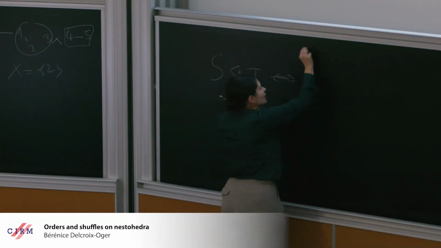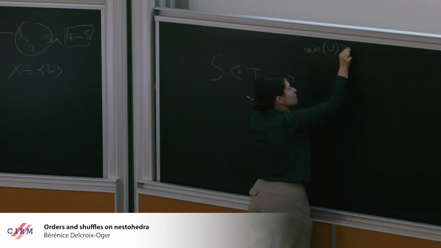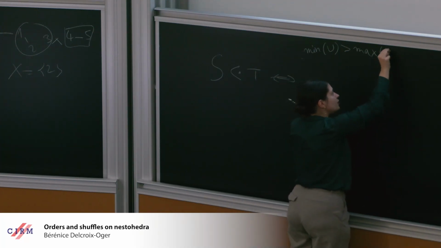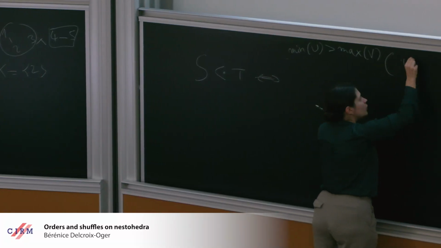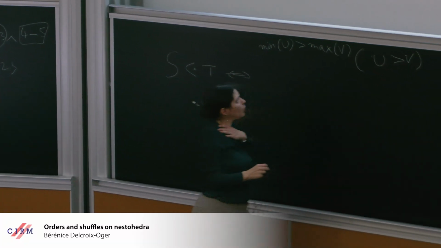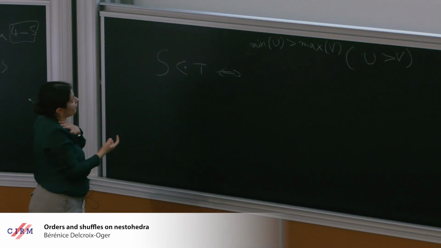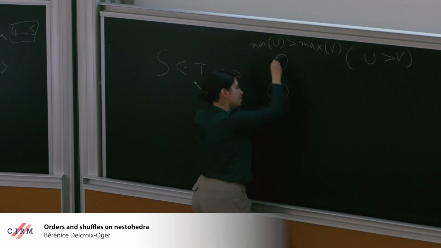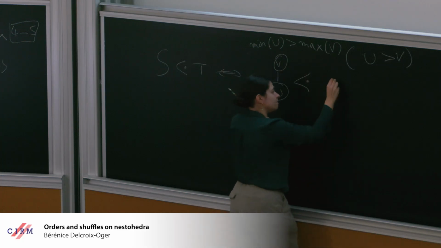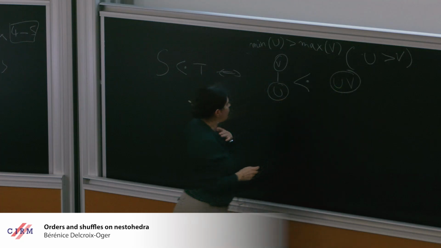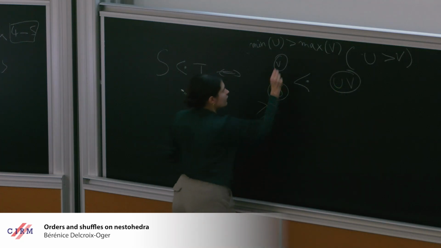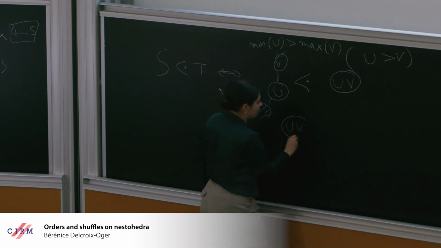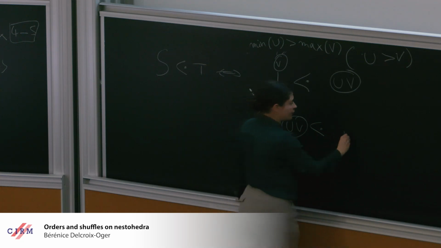Perhaps just, so let's consider that we have the minimum of U, which is bigger than the maximum of V. So we write like U is bigger than V. And if U is bigger than V, then you have the relation UV is covered by, with the things around, is covered by this thing, and UV is covered by VU.